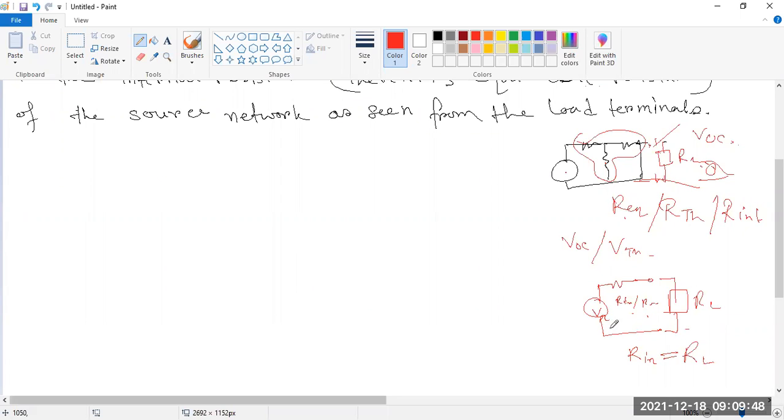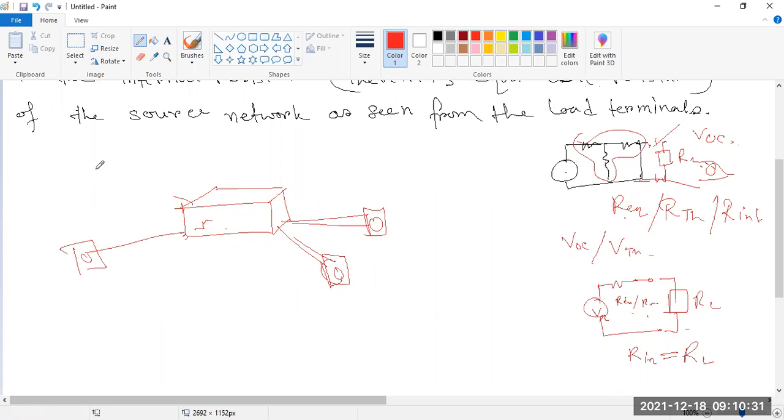For a practical example, say this is an acoustic system, like your room home theater or any studio, where there are so many acoustic boxes, so many speakers.